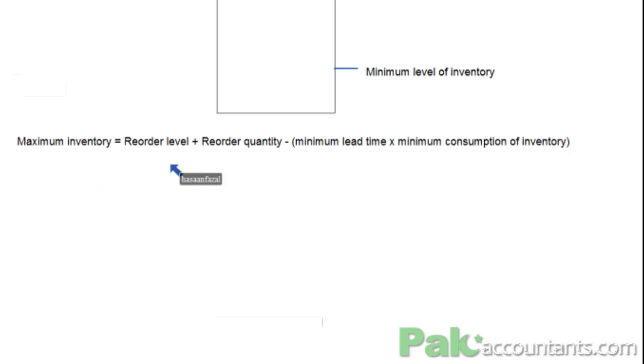Now let's understand what this formula actually means. Reorder level is the level at which you will be placing a new order, plus reorder quantity. If you have placed any order already with the supplier, then it will be arriving soon. If he has dispatched the inventory already, then it is your inventory. Although it is in transit and you haven't received it yet, it's yours.